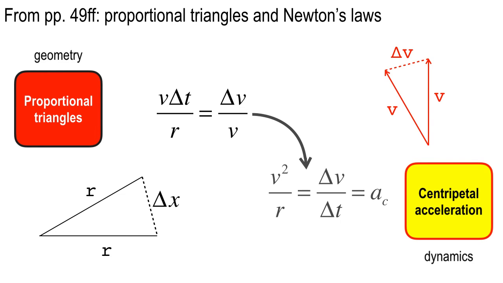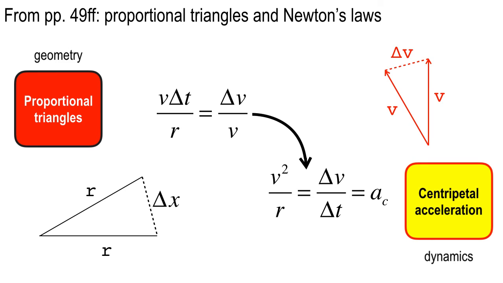So if you bring the V squared over to the left and the delta T over to the bottom on the right, you've got V squared over R equals delta V over delta T. That's an acceleration, and that is the centripetal acceleration of this object, whatever it happens to be.